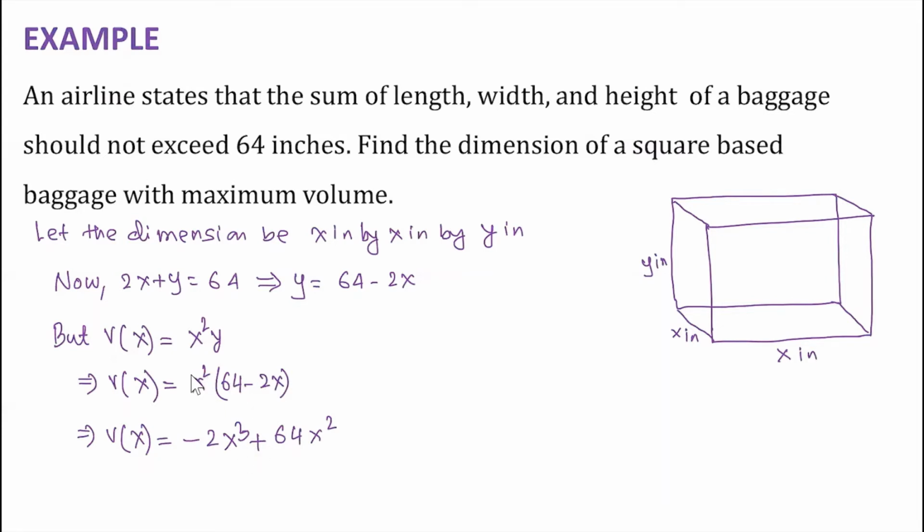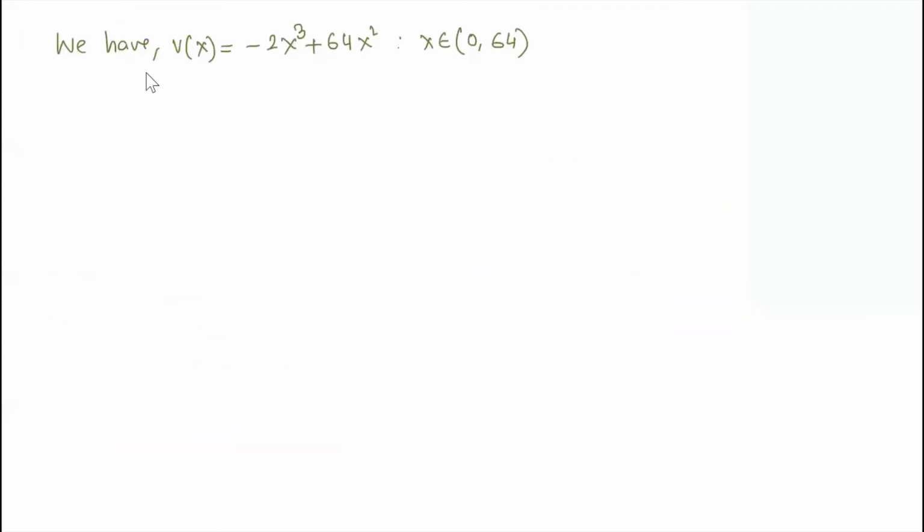And then 64 times x squared is 64x squared. So this is the formula for the volume of the box. Now we have to maximize this volume function, because we are asked to find the dimensions of the box when the volume is maximum. So far we have the volume equal to negative 2x cubed plus 64x squared.